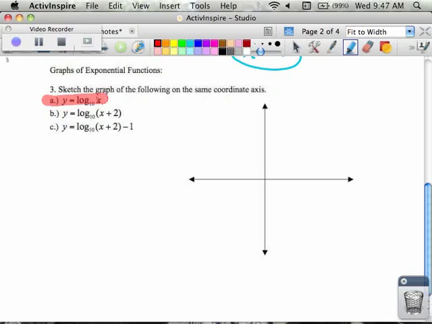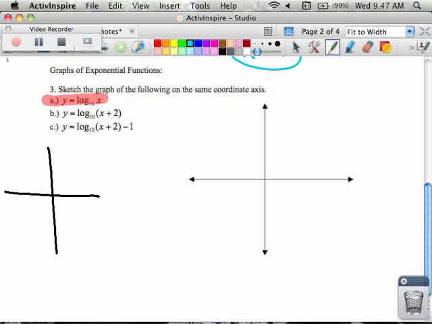I'm going to graph this one in red. Before I do that, do you remember me talking about, at the very beginning, that logs and exponentials are inverses? Remember that? Okay.